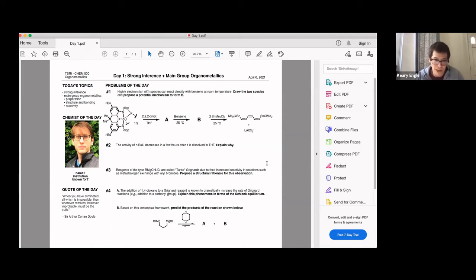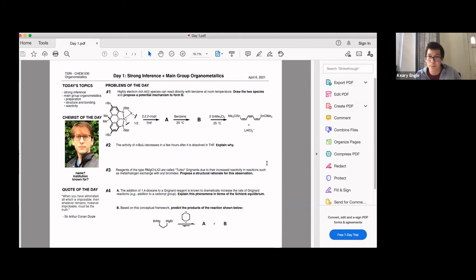So I'll read out problem of the day number 3: reagents of the type R, magnesium chloride, lithium chloride adduct are called turbo-Grignard reagents due to their increased reactivity in reactions such as metal-halogen exchange with aryl bromides. And some of you will recognize pioneering contributions by Paul Knochel's group in this area. So propose a structural rationale for the observation that this turbo-Grignard reagent is more reactive than the parent Grignard reagent.